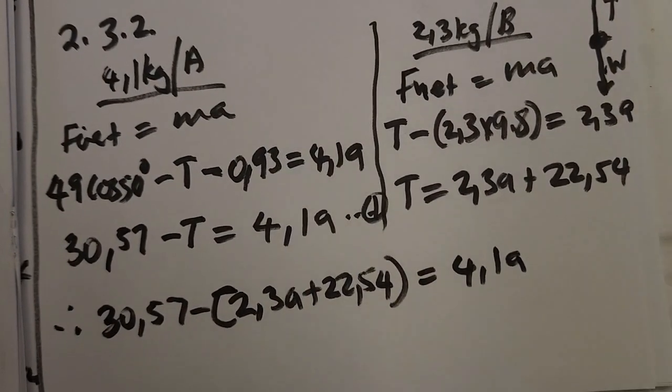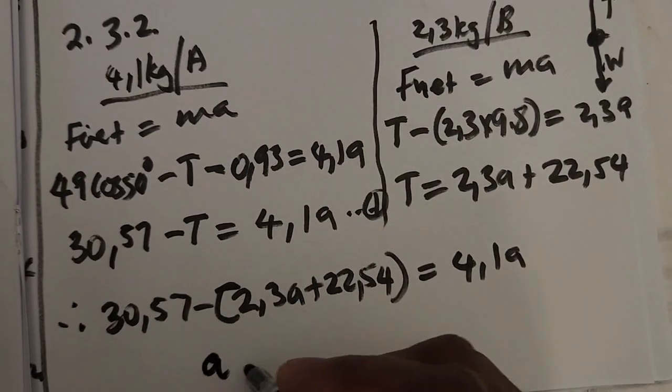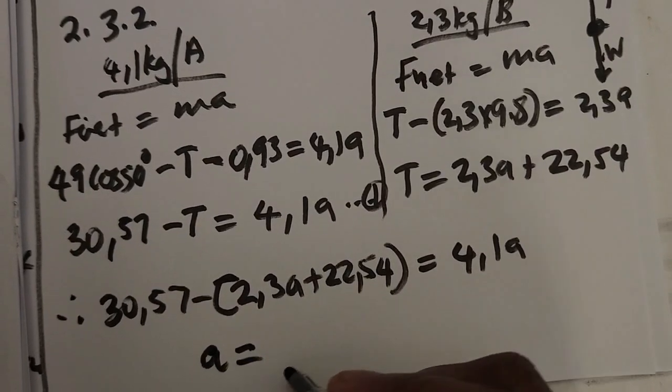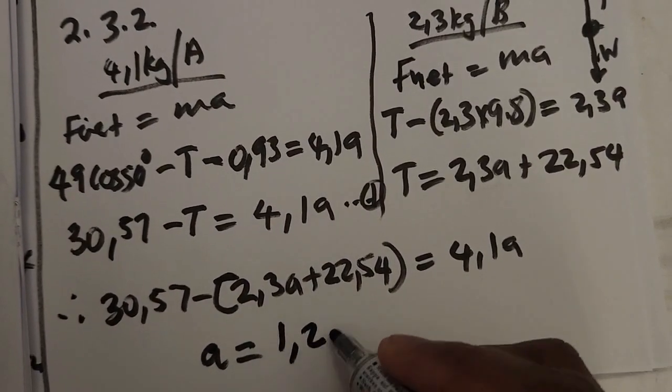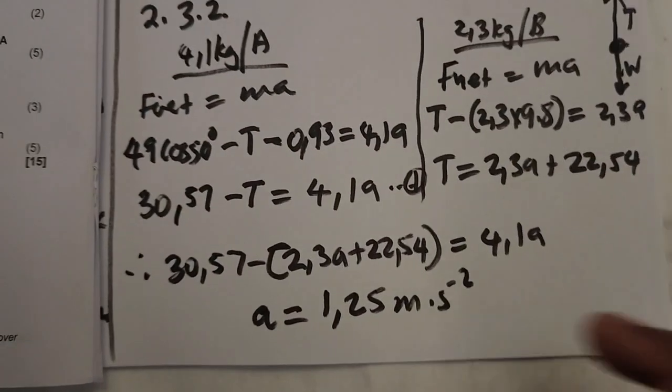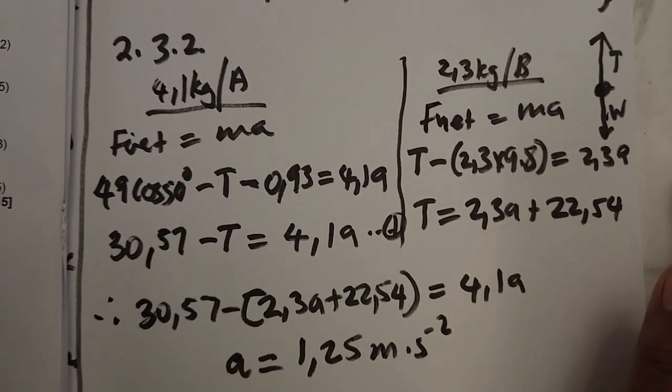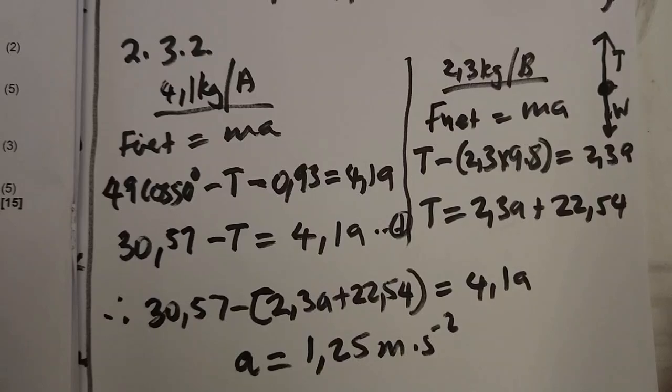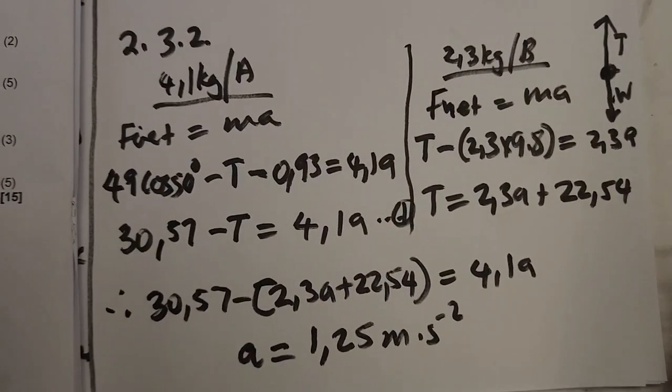From here now I can use my calculator. Then obviously the final answer will be 1.25 meters per second squared. That is the acceleration of the system, which is the last question in this case. You get 5 marks for doing this.